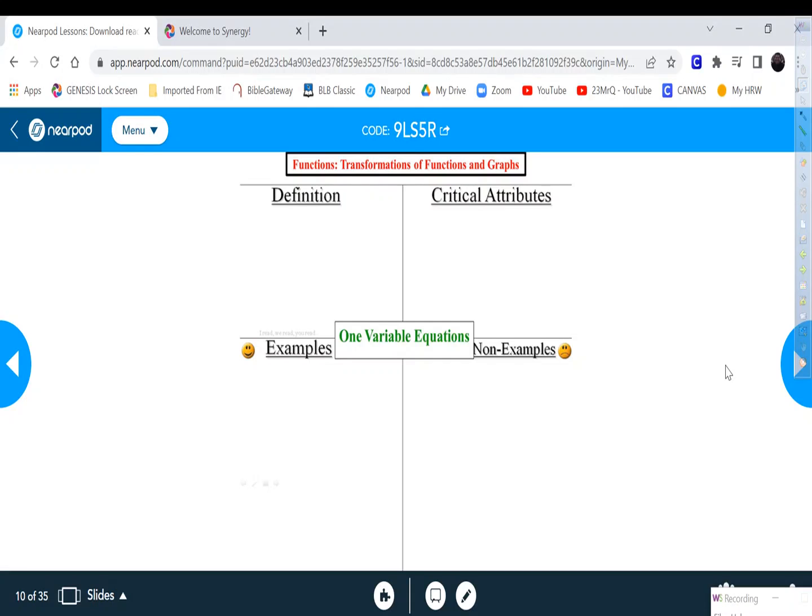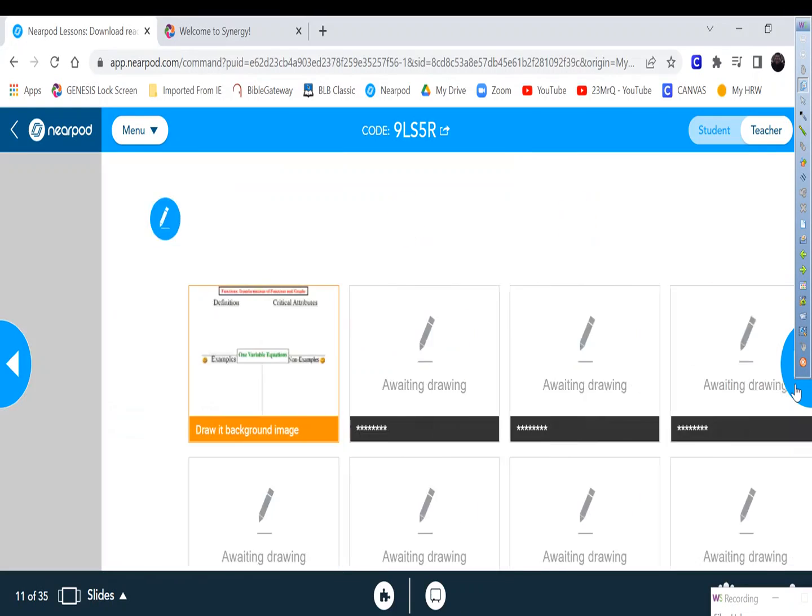Claire, one variable equation. Nayeli, what do you think? Equation with one variable. Yes, it's an equation with one variable. All right, let's move on.